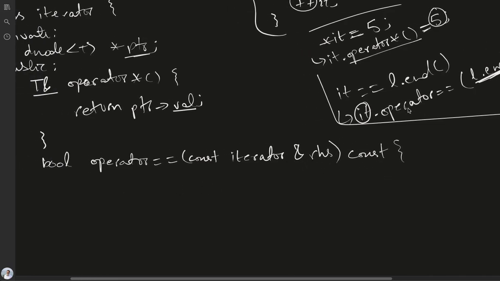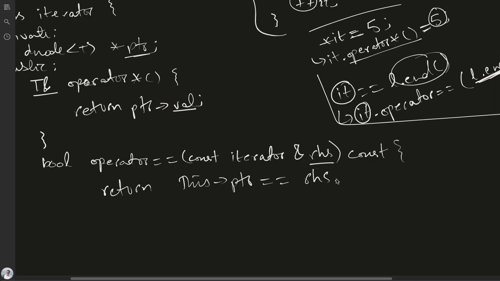Now the object on the left side of the equal to operator is received as this, and the object on the right side of the operator is received as RHS, right hand side. So we just need to see whether pointers in both these objects have the same address. So we just return the boolean expression this dot ptr is equal to right hand side dot ptr.